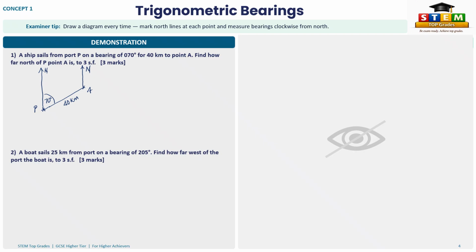Okay, so how far north? That's the question. So let us say this is that distance. We're going to label that Q, and that red line is representing that length we are to calculate. How far north? P, so that means PQ.